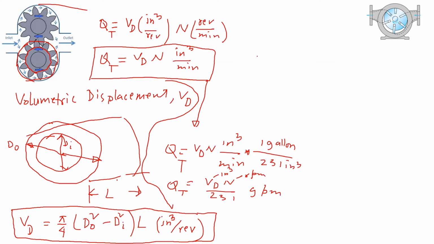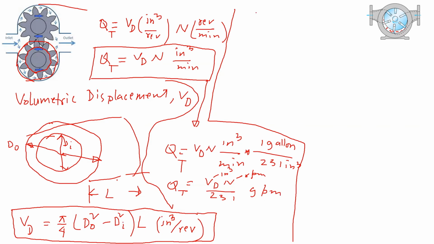Now if you try to calculate the displacement for this vane pump, this rotor is a solid shaft inside, and this vacuum space is where the fluid is going to be trapped.